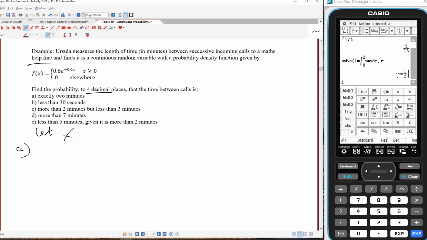Let x equal the number of minutes, exactly 2 minutes. The time between calls is exactly 2 minutes. So the probability that the random variable is equal to 2 is the integral of this function here. I'm just going to say let g of x equal that function.